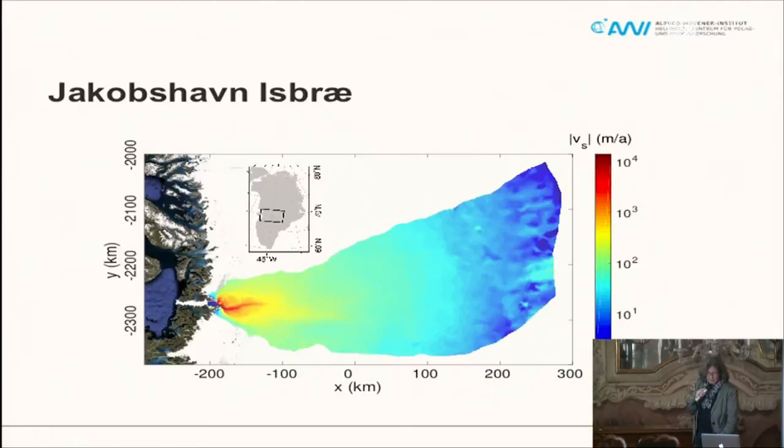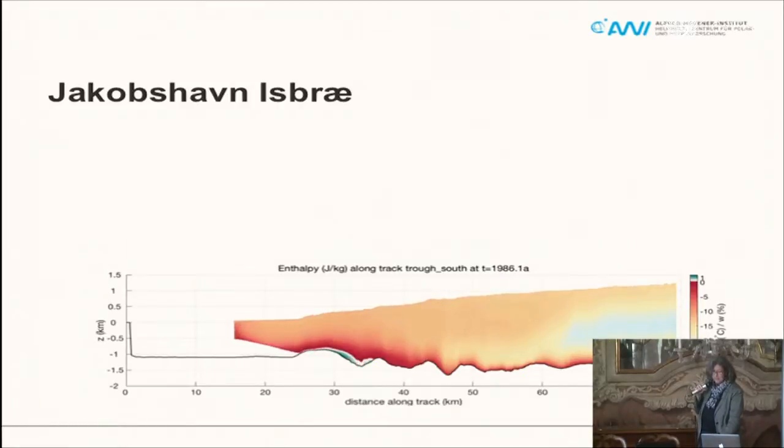So if you take a model and try to model the flow velocity of this glacier, then you set up a three-dimensional model of the entire drainage basin, and you solve all these equations that I have explained to you. I show you now, along this black line, just a cross-section of that.